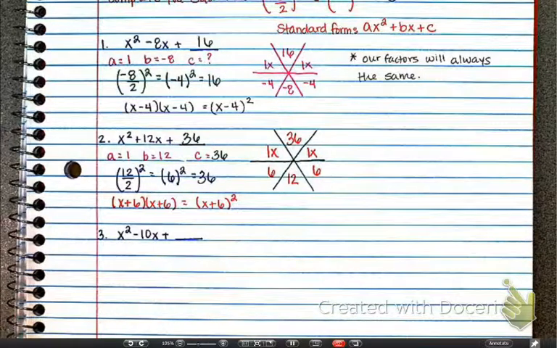Try and see how far you get, and then I'm going to show you what I wanted you to notice. Go ahead and fill in the blank, and then write your perfect square trinomial.